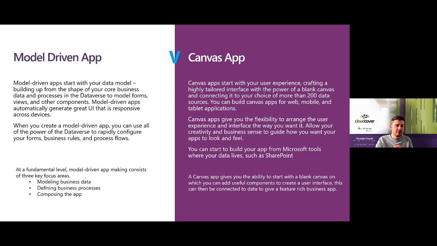So what we actually aim for, and what John will be demoing, is a Canvas app. Canvas apps are great. You can start from a template, as I said earlier, or you can start from a blank canvas. And what you can do there is work on the user experience first of all. So if you've got a process that you know exactly how you want to flow, you can work with that user experience to get that right.